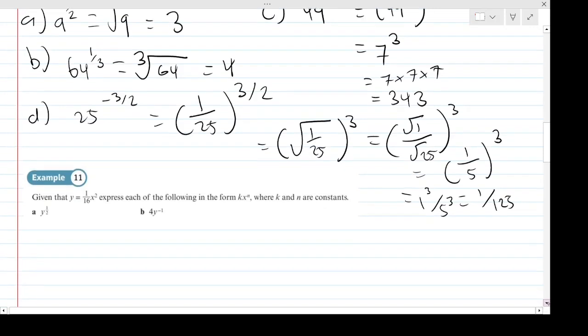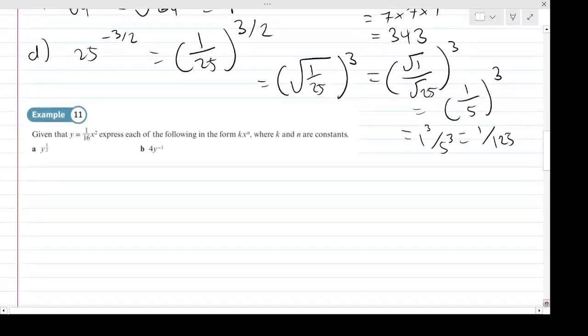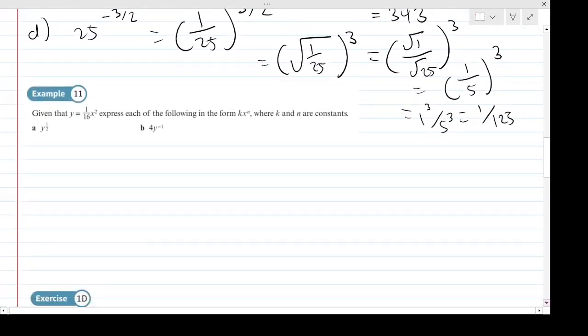Okay, example 11. So we are given y is 1 over 16 x squared. We need to express these two indices in the form of kx to the n. So k is a number and n is a number as well. Okay, so we need to resemble this form in the question there. Okay, so firstly, y to a half.